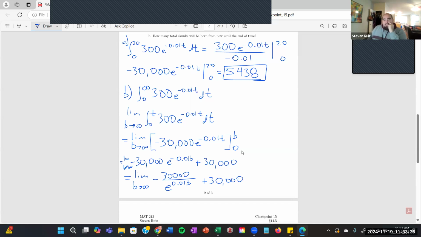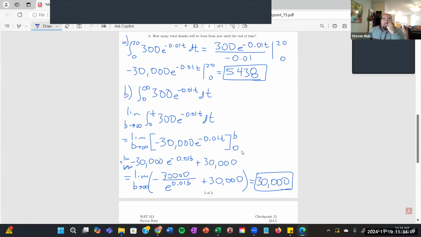As b goes to infinity, the exponent down here is going to get very, very large. So I'm going to be dividing this constant negative 30,000 by numbers that are growing larger and larger without any bound. So this left term is going to go to 0, and this 30,000 is not going to change. So this is just going to be 30,000.